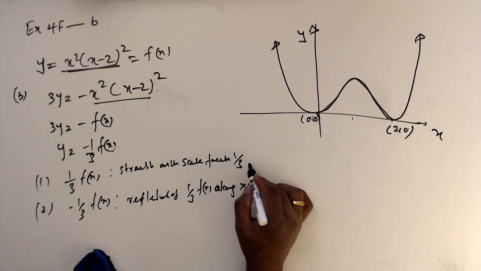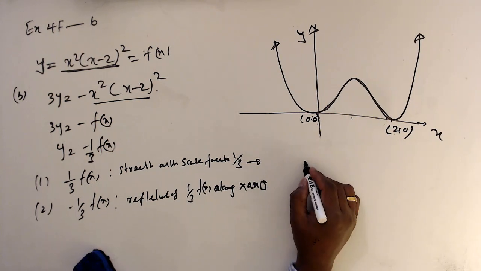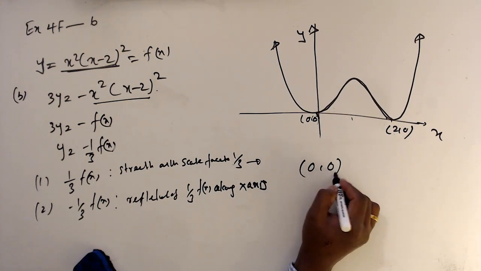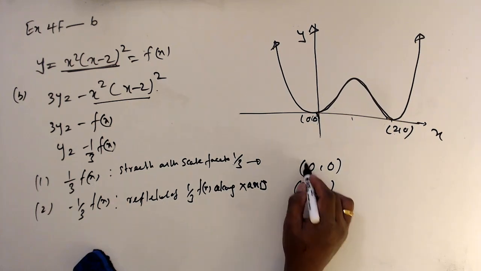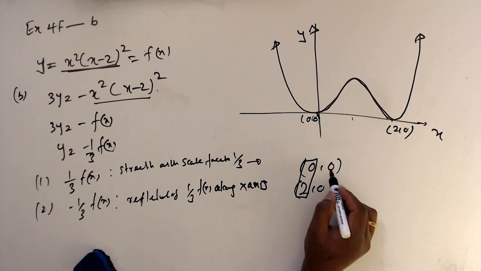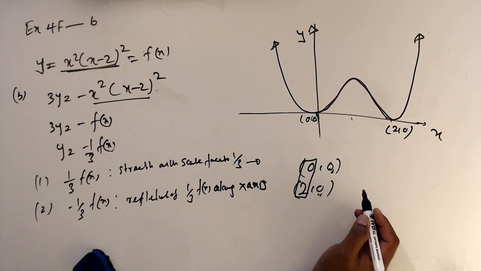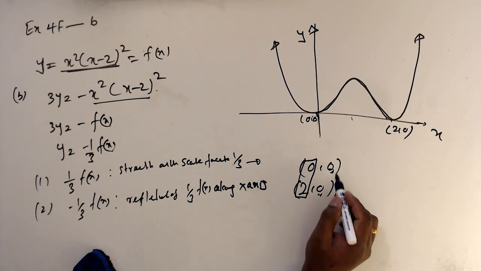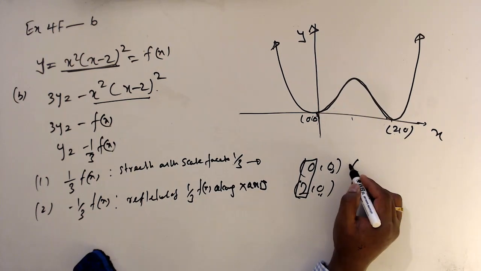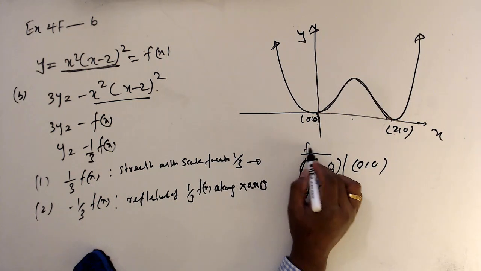Now I am looking at this one, and I am in trouble. At (0, 0) and (2, 0) I got 2 points. I know these values are fixed. Only (0, 0) here, so I have to multiply by 1/3. 0 times 1/3 is also 0. So this is for f(x).